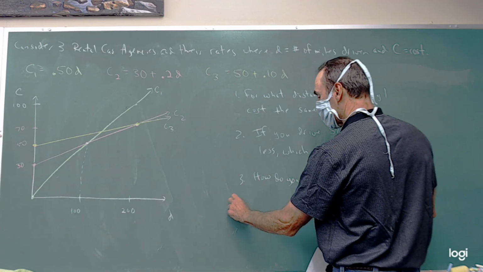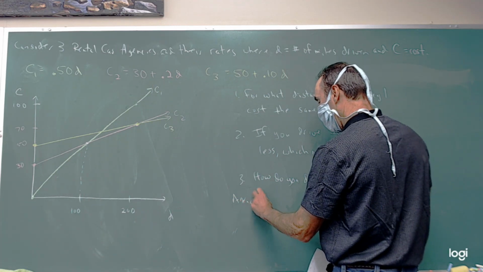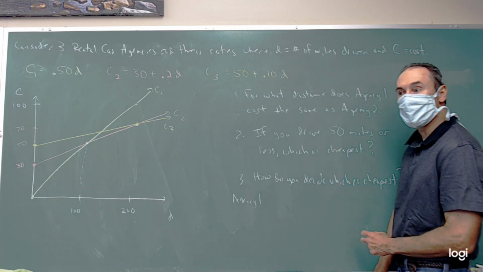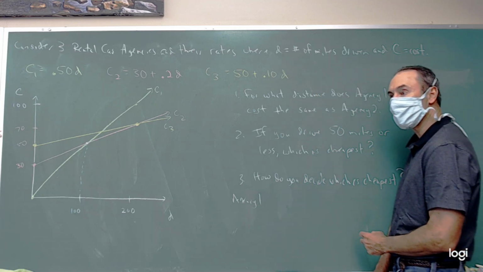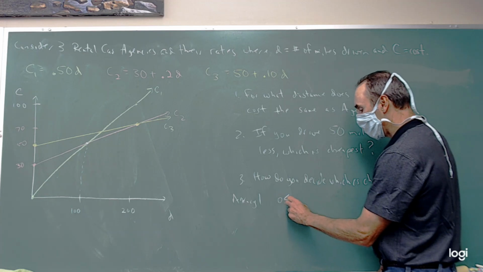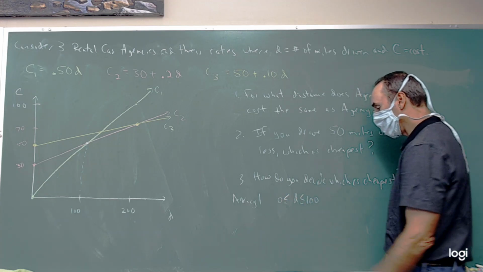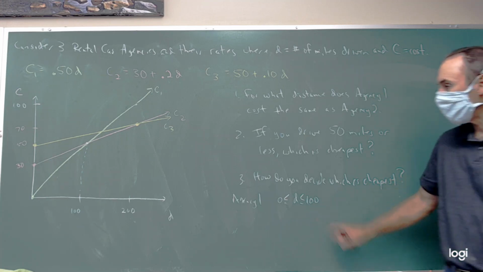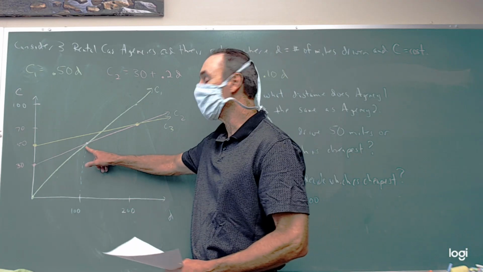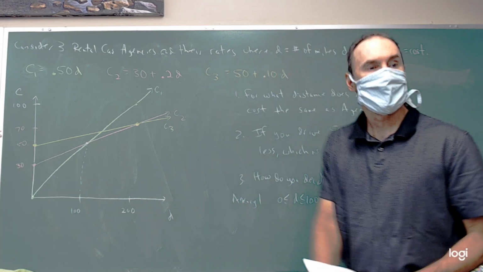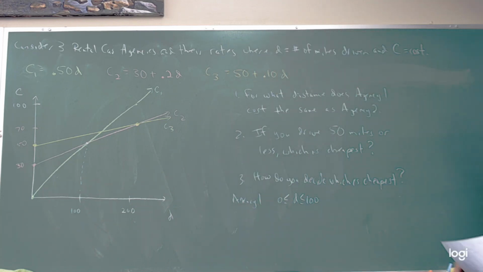So agency 1 is going to be the cheapest if you drive between how many miles and how many miles. Yeah, and I think we can include the 0 and the 100. So at 100, it's a coin flip about which is going to be cheapest. But you can put them in either case there.